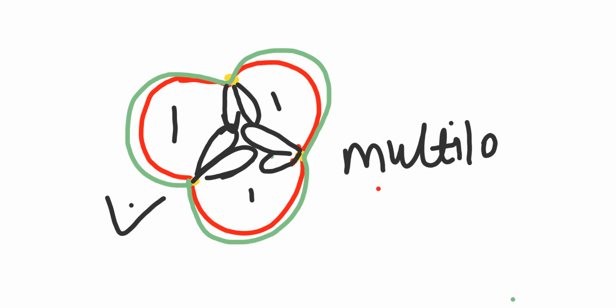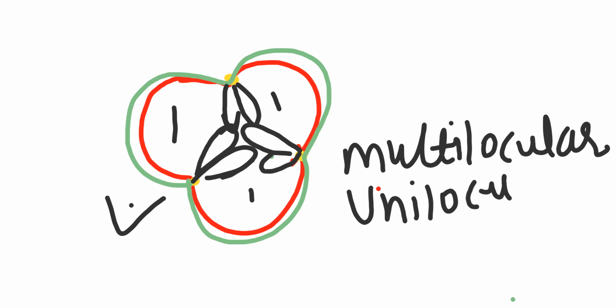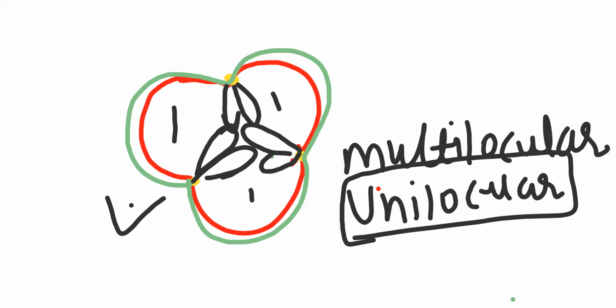So, actually, the arrangement is like this. So appearance wise, what is this? Multilocular. But originally, what is this? Unilocular. Remember, appearance wise, due to the arrangement of ovules in such a way that it forms the multilocular condition, but actually it's a unilocular condition, remember.